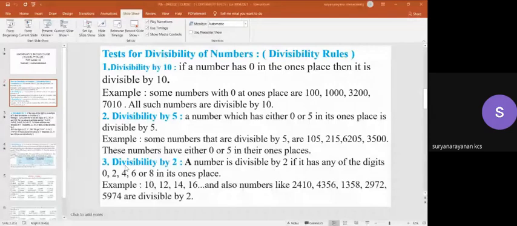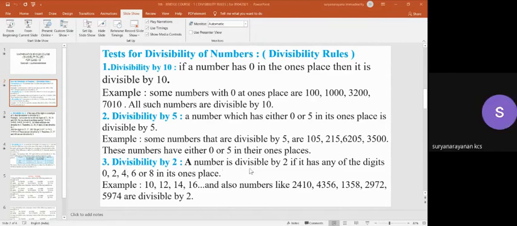Are you able to see this third point, my children? Read that third point. Divisibility by 2. Yes, very good.